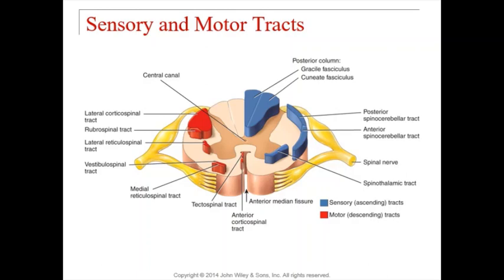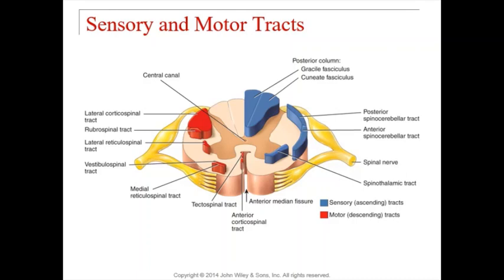So what type of sensory information are the posterior columns carrying? It turns out your posterior columns carry two types of sensory information, and I want you to know both. One is vibration.